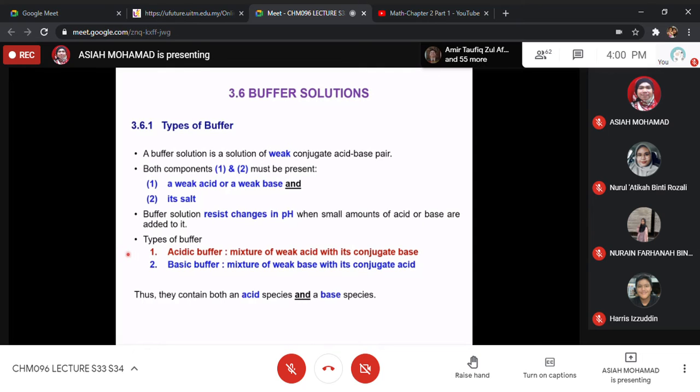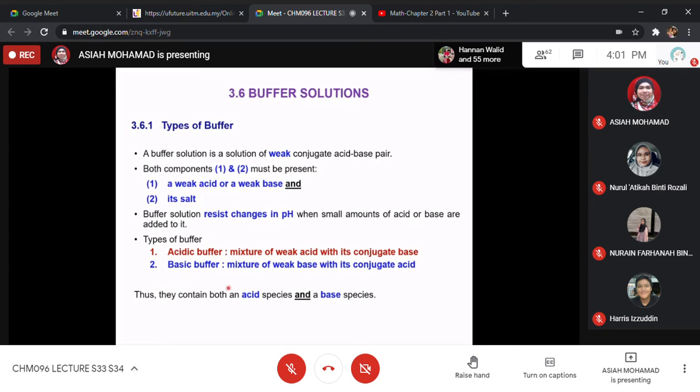There are two types of buffer. The first one is acidic buffer and the second one is basic buffer. An acidic buffer is a mixture of a weak acid and its conjugate base. An example is a mixture of acetic acid and acetate ion, which is from sodium acetate.